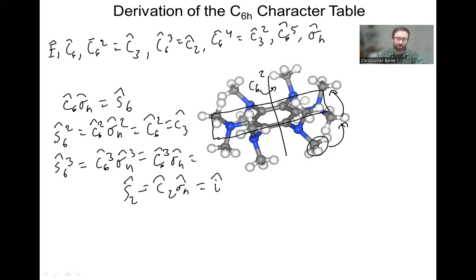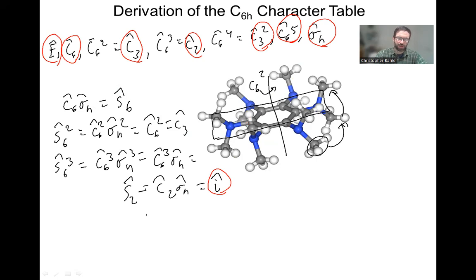So that's a unique operation. Maybe we should start circling our unique ones. We have inversion, identity, C6, C6 twice which is C3, a C2, a C3 twice, a C6 5 times, and a sigma h.